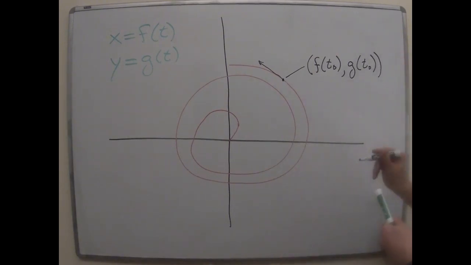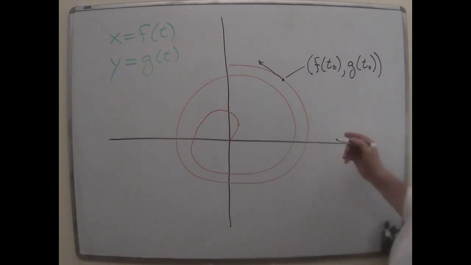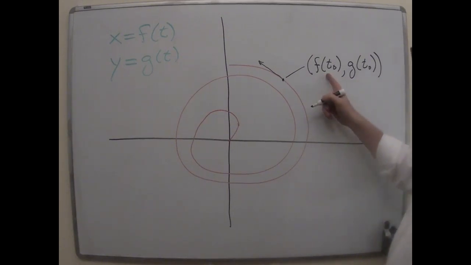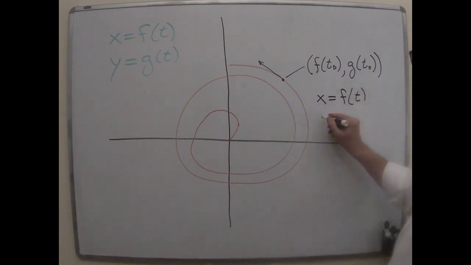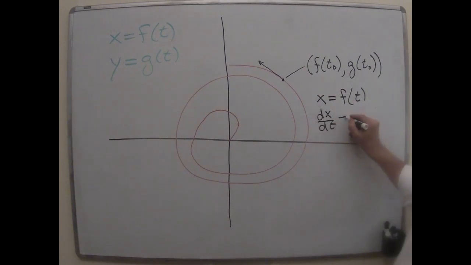We can see that most easily by thinking about the Leibniz notation. Why? Because x is f of t, so dx/dt, that's f prime of t.